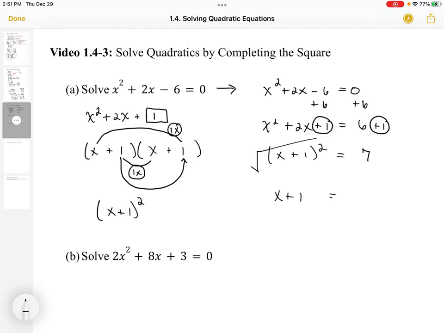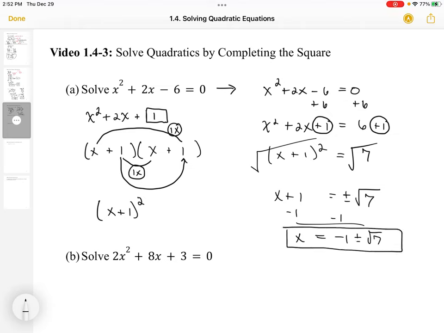If I'm taking the square root of both sides in my next step, I will have plus or minus the square root of 7. And now I can just subtract 1 on both sides to get x alone. So my answer is negative 1 plus or minus radical 7.